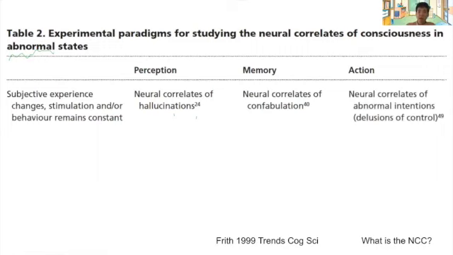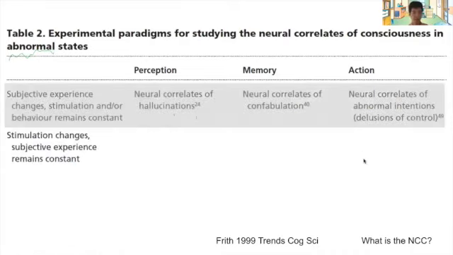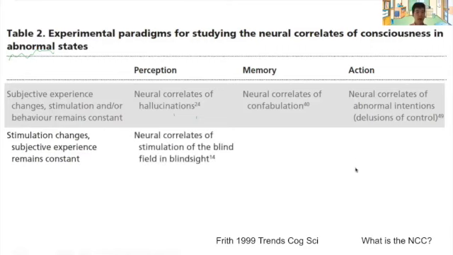I might have mentioned this in the previous lecture, but there are cases of alien hand syndrome, where patients report that her hand is moving regardless of her intention. We'll encounter some of these in a later lecture on split-brain patients as well. And then another category: stimulus changes, subjective experience remains constant. It's in the blind field in blindsight, and unrecognized items in amnesia.